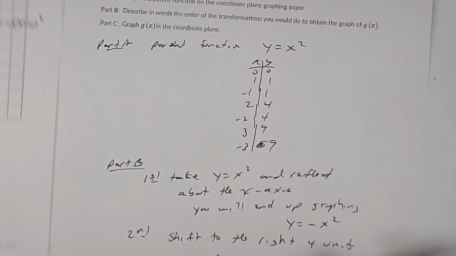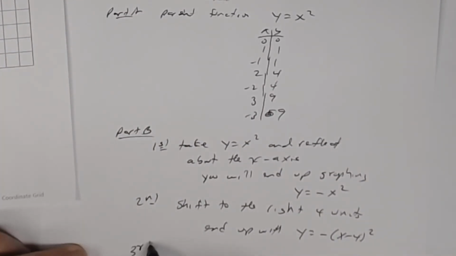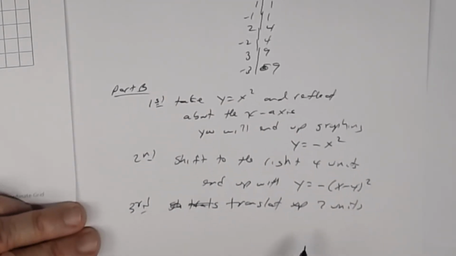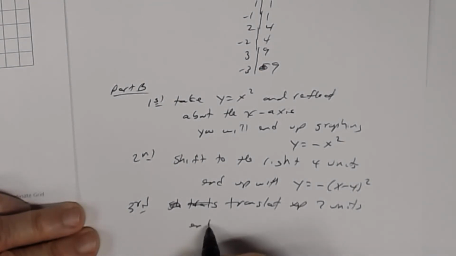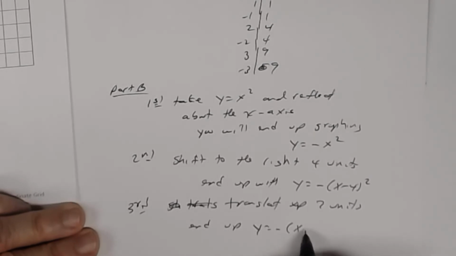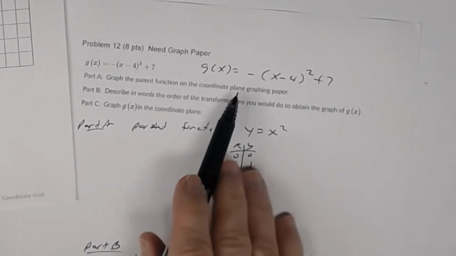And now what you're going to do is the vertical translation. So the third thing you're going to do is translate, or shift, up 7 units. Now just keep in mind what you're actually translating up 7 units. You're translating this up 7 units. So you end up with y equals negative, x minus 4 squared, plus 7, which is your function g of x.